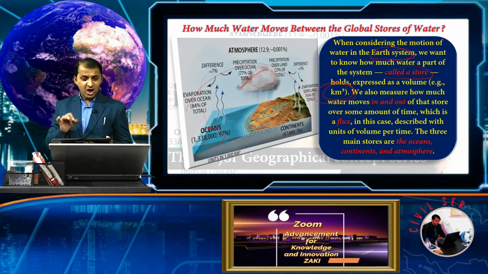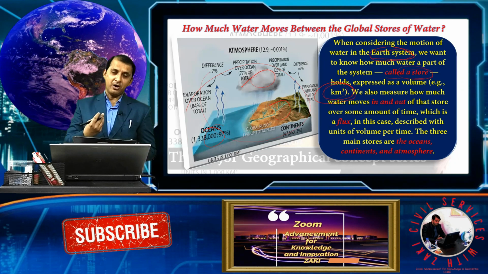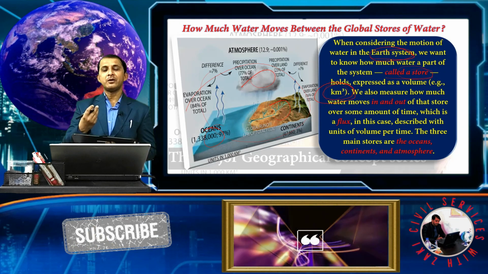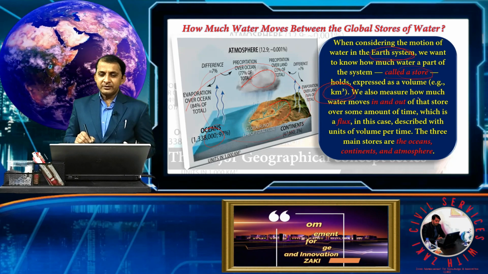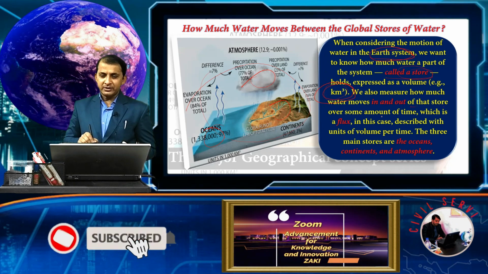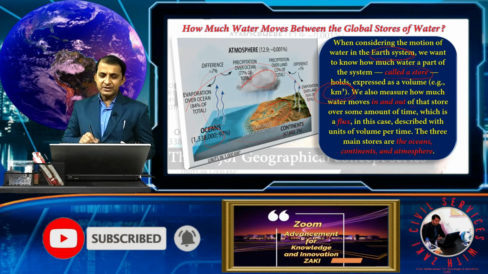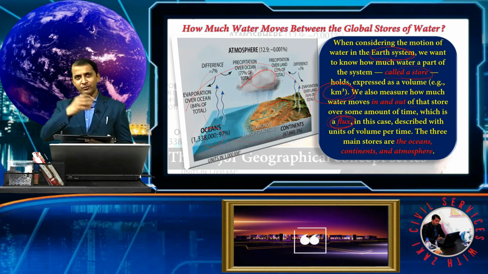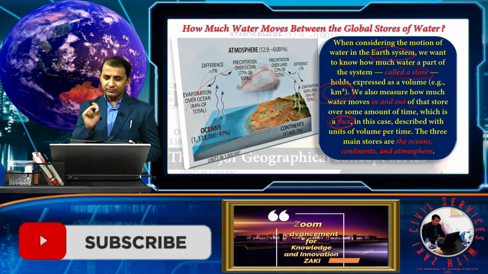We also measure how much water moves in and out. This is the calculation of our global water budget. The movement of a store over some amount of time is called flux. So this is the store, and the movement in and out is called flux.